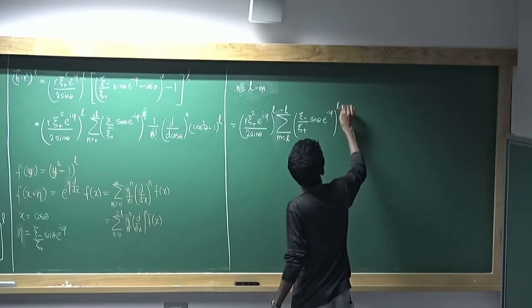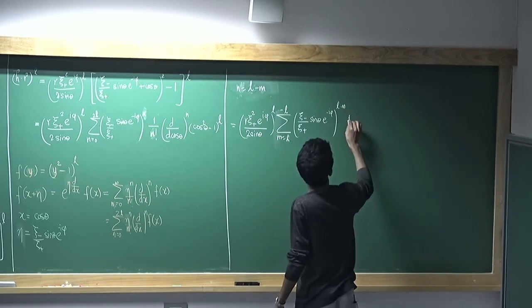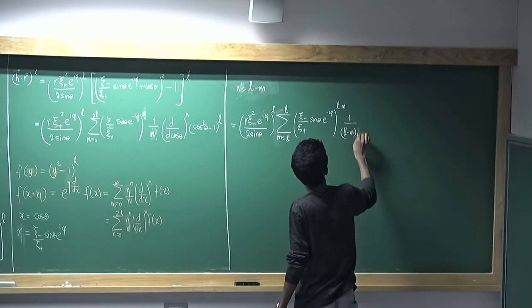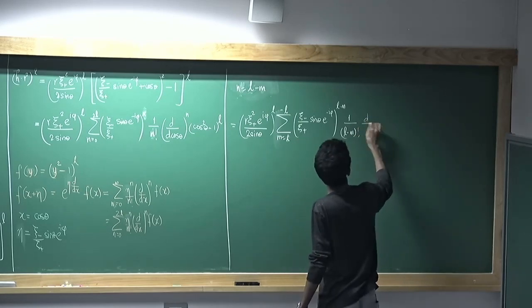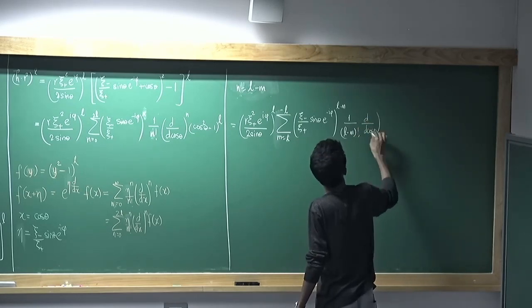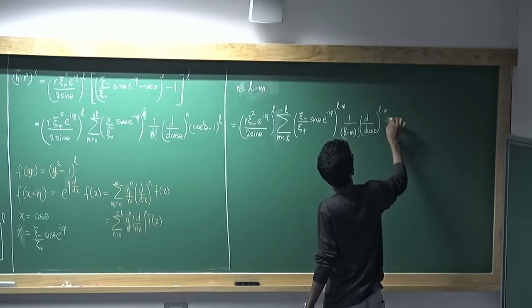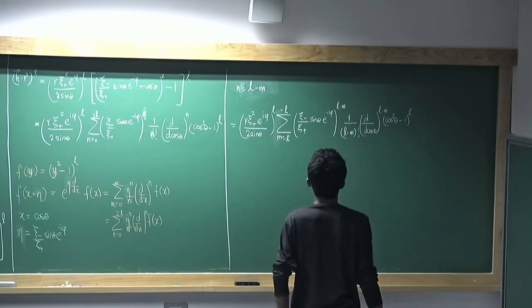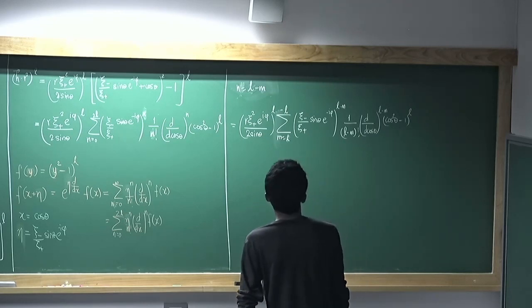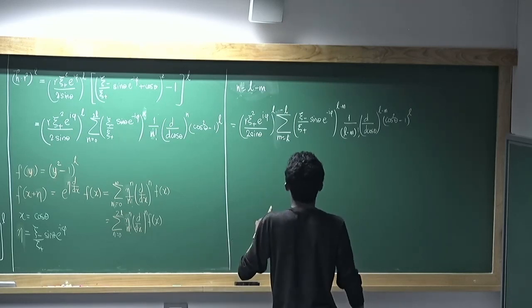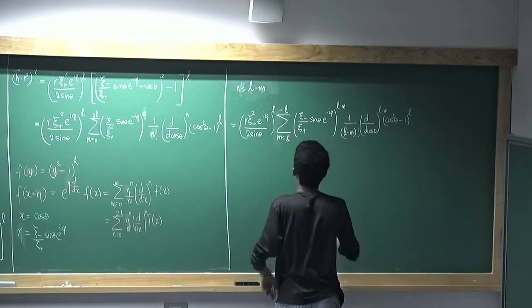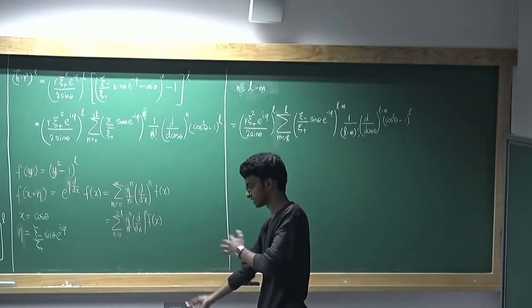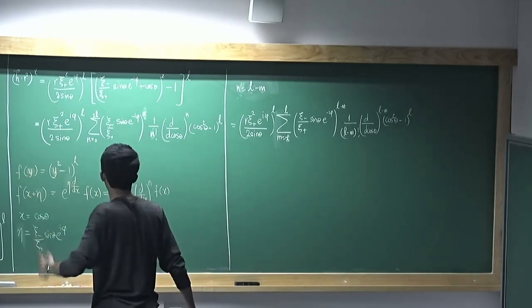L minus m. 1 by n is again L minus m factorial d by d cos theta to the L minus m cos squared theta minus 1 to the L. Okay, great. Now a summation going from L to minus L is the same as summation going from minus L to L, right? Because it's just changing the order in which you're doing the sum, that doesn't matter.